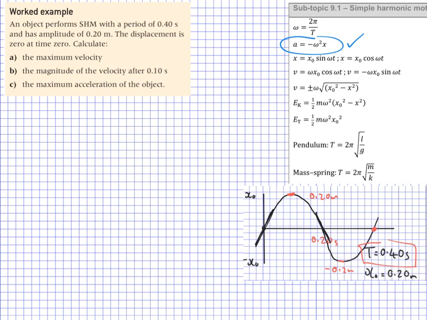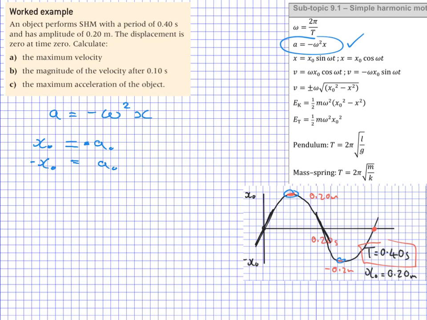So if we need to know the acceleration, we know that it's negative omega squared x, but I'm going to say at x naught, that is when the acceleration is at its max. Or to be a little more specific, when it's at the positive x naught, it's going to have its maximum negative acceleration. And when it's at its negative x naught, it's going to be at the positive acceleration.